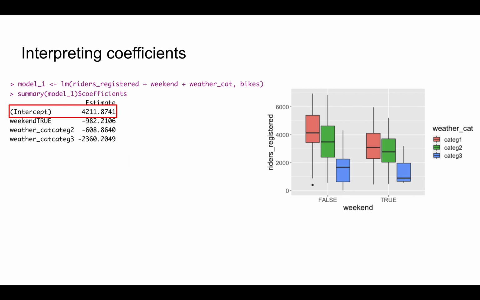Having paid careful attention in these prediction calculations, we now have some insight about the coefficients. The intercept value indicated the typical ridership when the weekend true, weather category 2, and weather category 3 variables were all 0. That is, when we're interested in the reference categories. Or translated into our particular scenario, we expect roughly 4,212 riders on weekdays with category 1 weather.